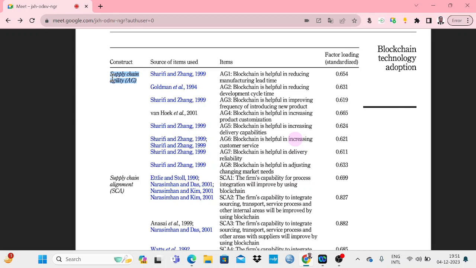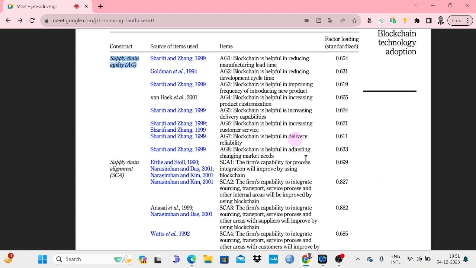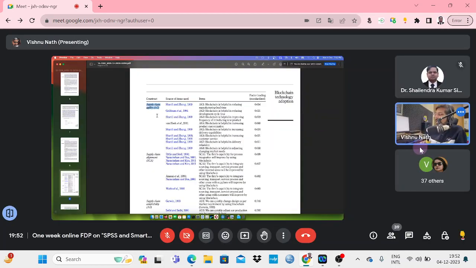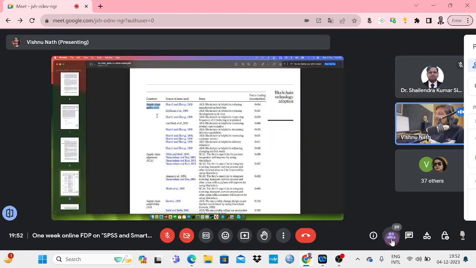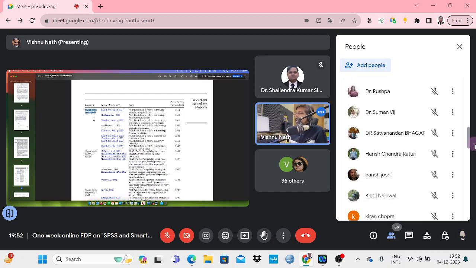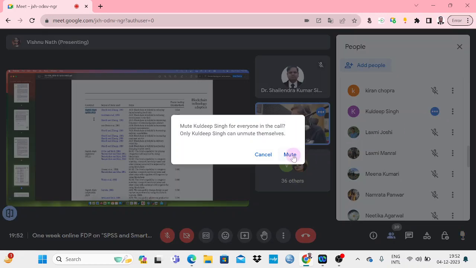First of all, we'll have to ascertain that all these items can actually predict this supply chain agility or supply chain alignment. That means whether the indicators can predict the latent variable, and secondly, how the independent latent variables predict the dependent latent variable. So there are two analyses involved in SEM analysis. Any questions up till here?